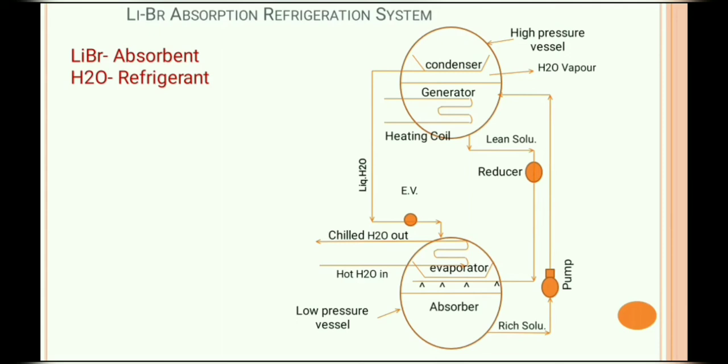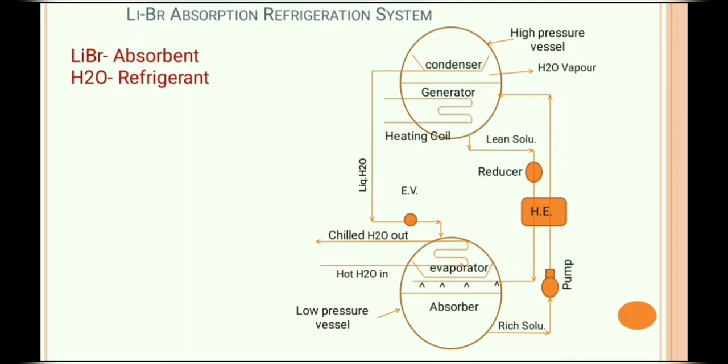Okay, therefore what we can do is use a heat exchanger in between that line, and this heat exchanger fulfills both objectives. First, the fluid which is coming out from the absorber and goes to the generator through the pump is treated as a cold fluid.